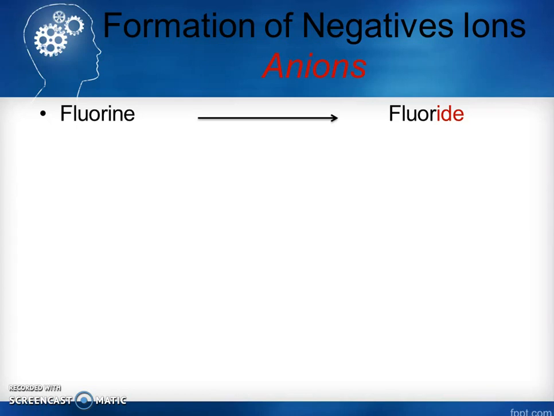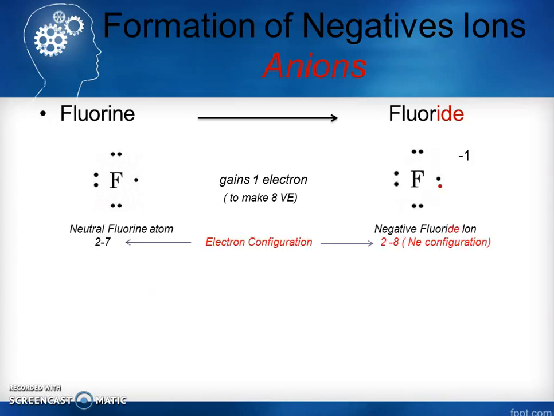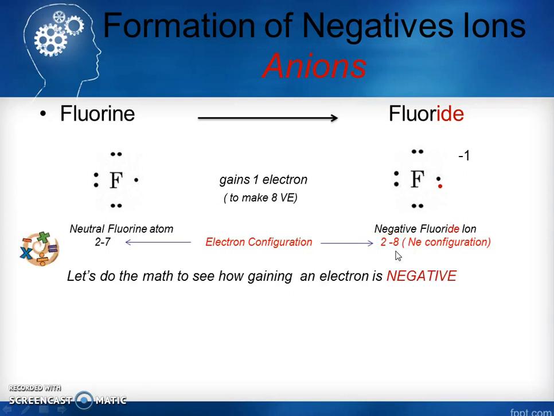Okay, so let's take a look at how fluorine becomes fluoride. There's fluorine with its 7 valence electrons. It wants to gain 1 electron to make 8. So there it is, stable. It now has the electron configuration of neon, 2, 8. Let's do the math.